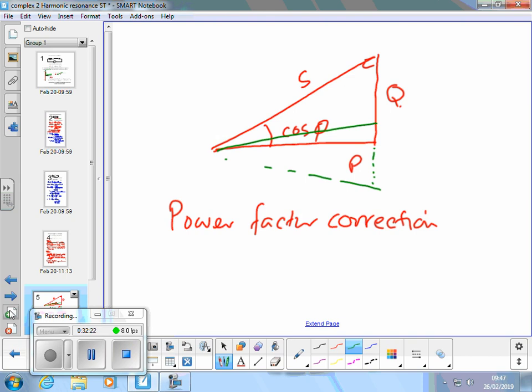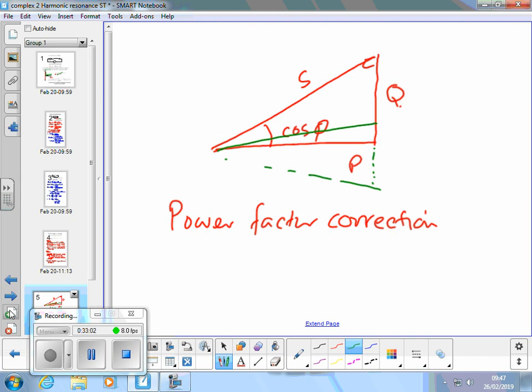I don't want to go too deep into that subject, but big companies will have automatic power factor correction capacitors that switch in and out as the load changes. If the steps in them are not tuned correctly, you could end up with a resonance situation, because they'll have banks of capacitors that switch in and out, so they're not infinitely variable over a range. They'll be ranged in steps, and if those steps aren't carefully chosen to avoid resonance, then you could get this problem accidentally.